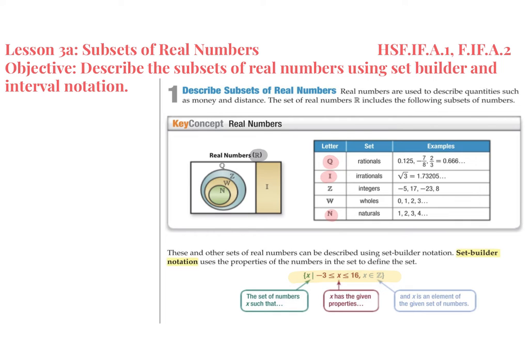This little line represents such that, and then there's whatever constraints are on that number. It might be an inequality. It might say that x cannot equal a certain number. So whatever pertains to the set you're talking about will go in that section. And then after the comma, we're going to include what element of the real number system. So in this case, we would say x is an element of Z, the integers.